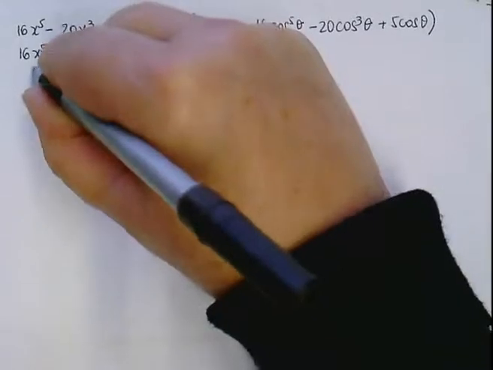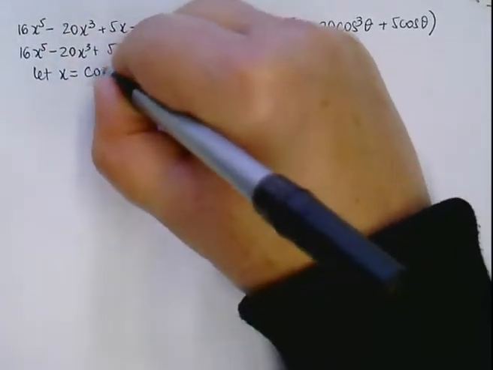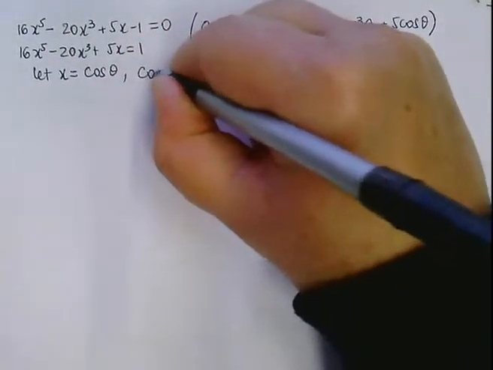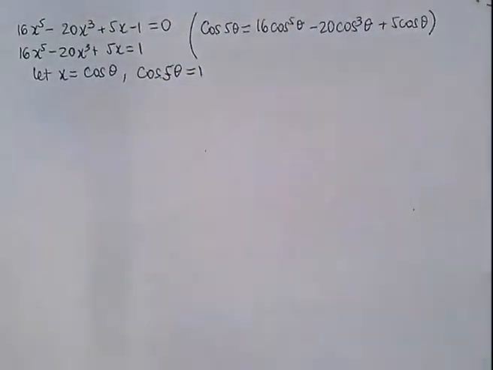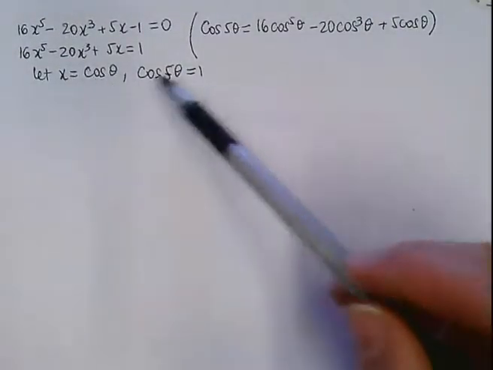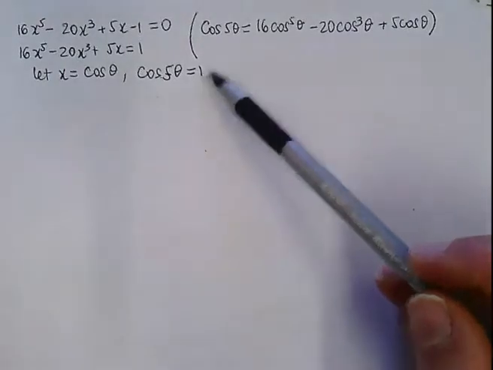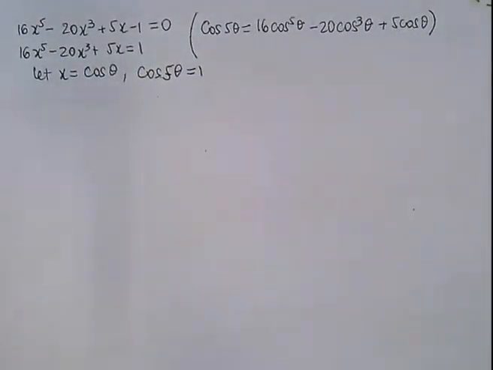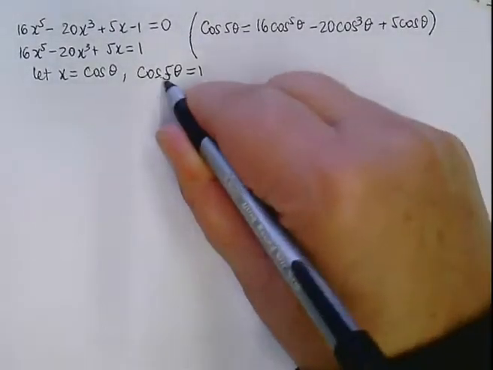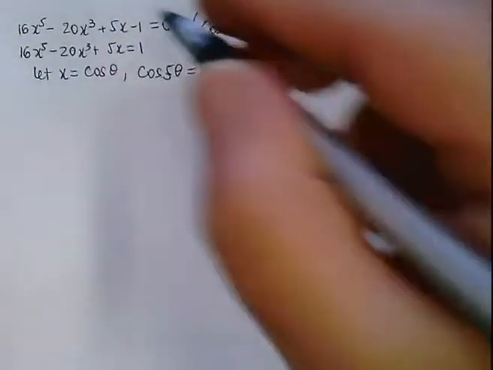So if we let x equal cos theta and cos 5 theta equal to 1, these two equations are essentially the same. So what we're going to do is solve this.